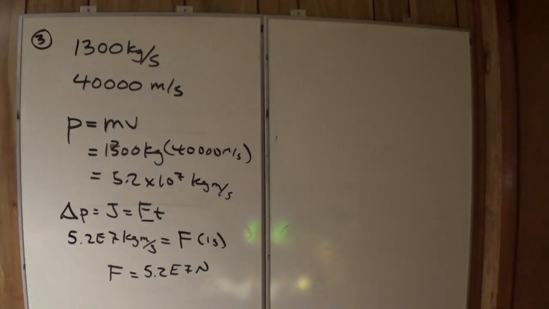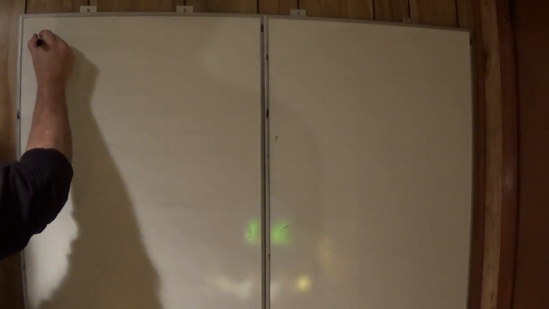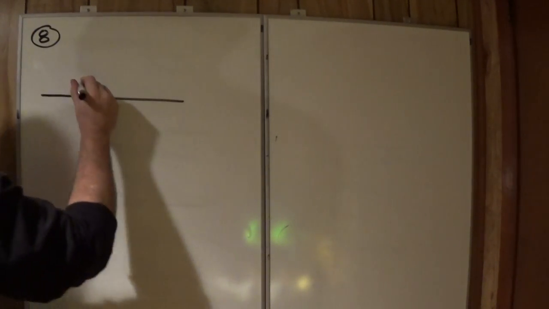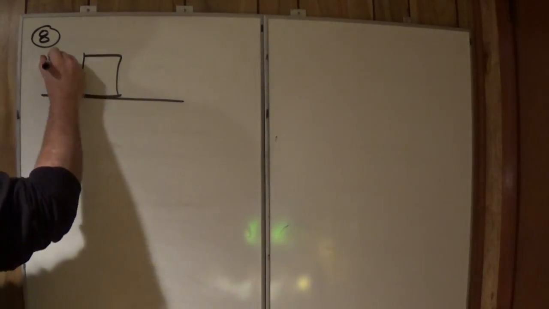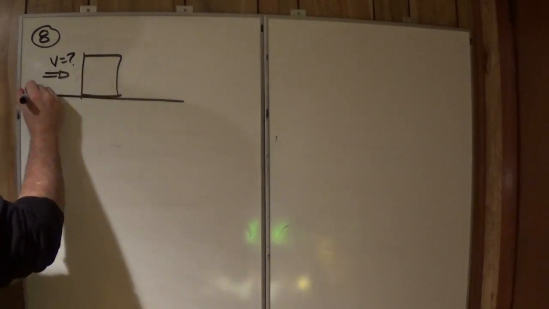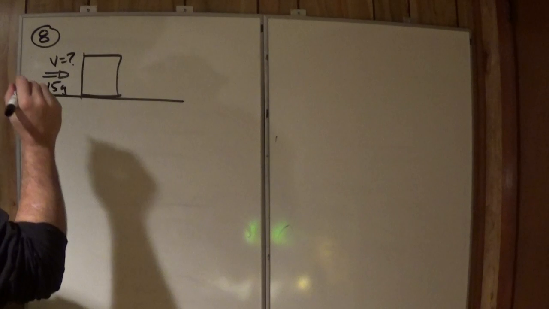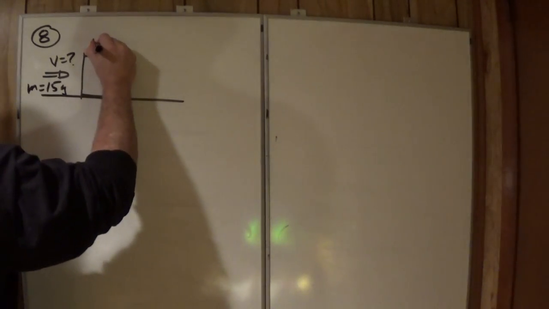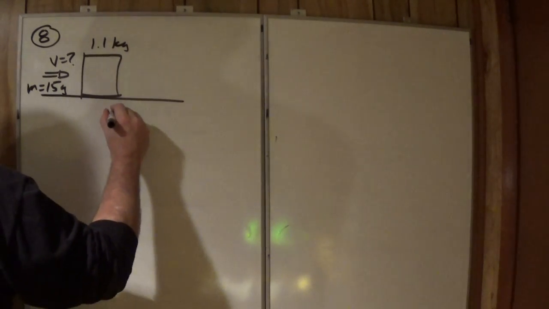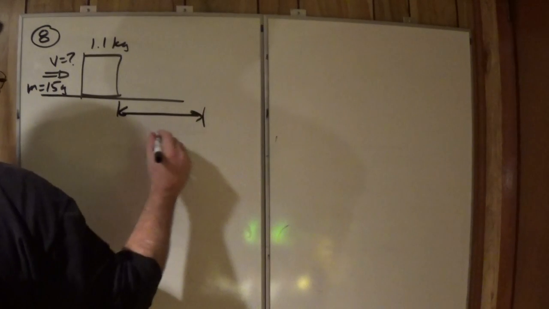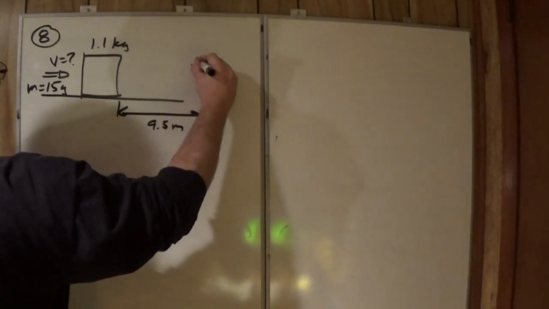So the other problem that was assigned on Monday night was problem number 8. In problem number 8, we have a 15-gram bullet being fired at some unknown velocity into a block that's 1.1 kilograms, and then the block slides across a surface for 9.5 meters before coming to a stop.